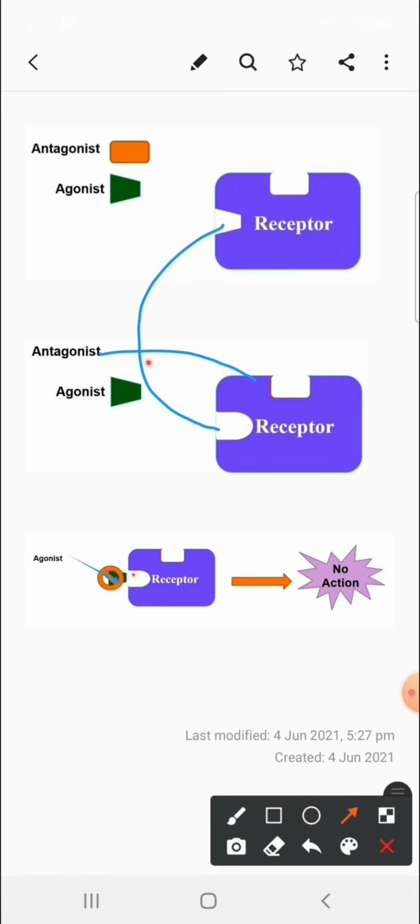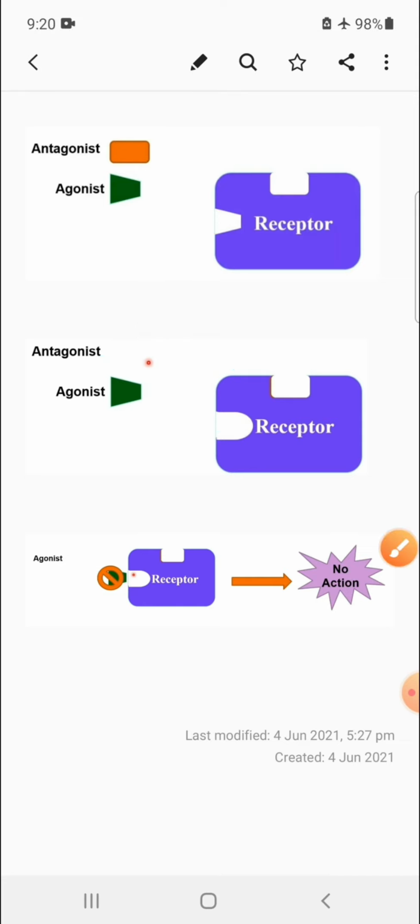It will prevent the agonist from binding, so it will produce no action. Such antagonism is also called non-competitive antagonism. It is irreversible because we cannot bring the structure of the receptor back to its original shape. That's why it is called irreversible antagonism.